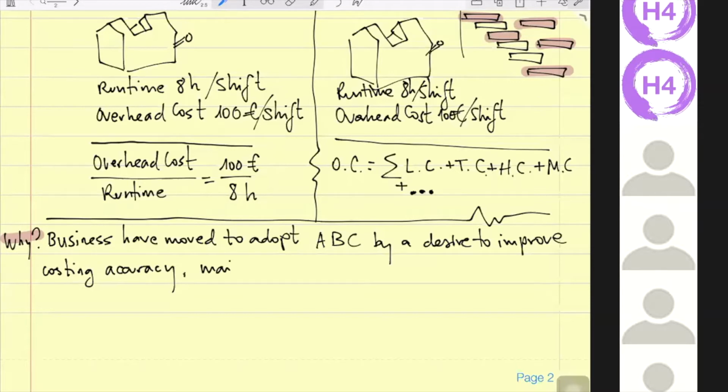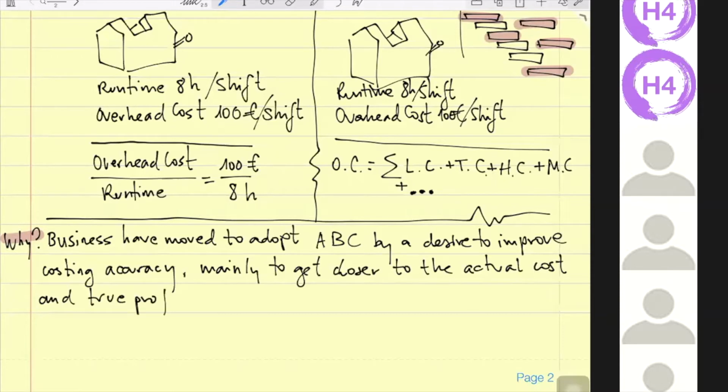Mainly to get closer to the actual cost and true profitability of individual products and services.